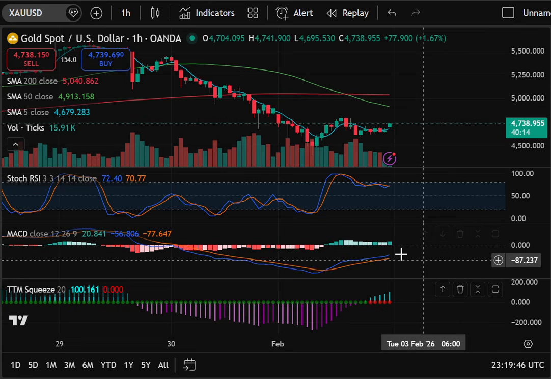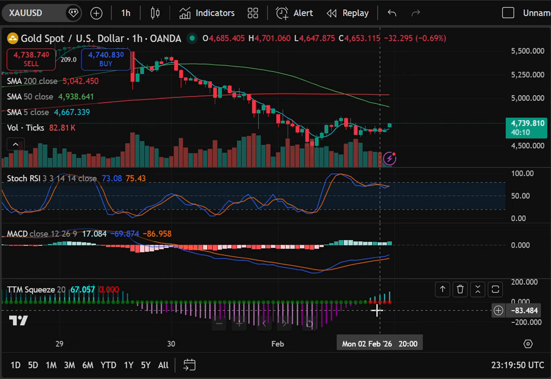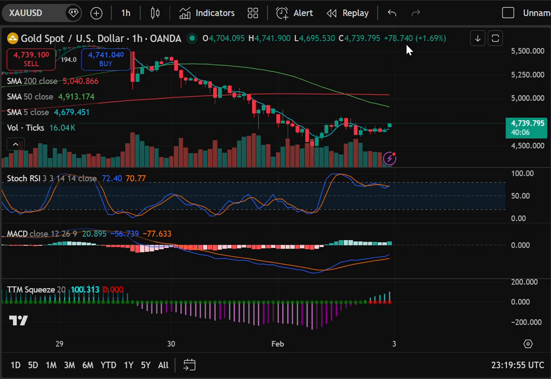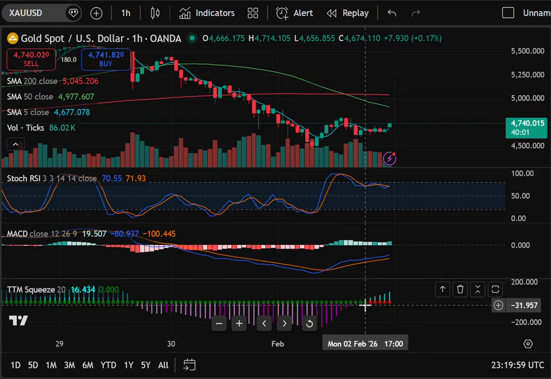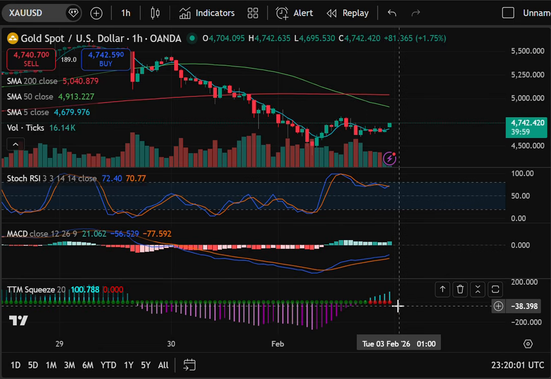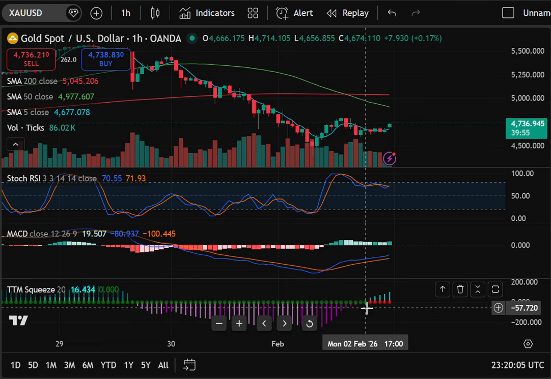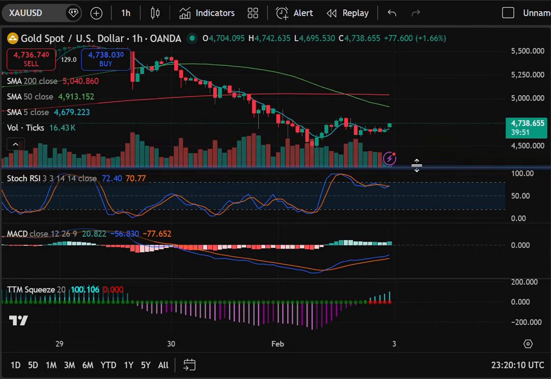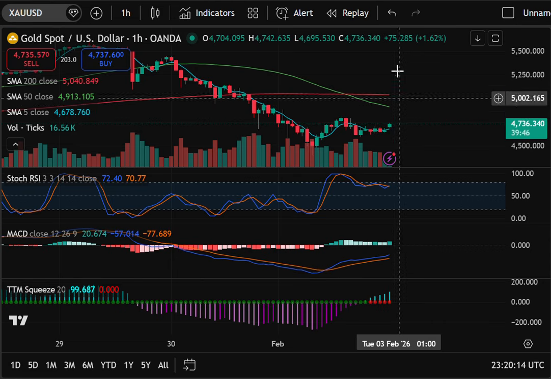The TTM squeeze is another indicator that tells you that a price is about to surge either upwards or downwards. In this case, you'll notice that the TTM squeeze is showing on this indicator, which means that there is an expected increase in price. Now, just looking at this, I could tell you that the TTM is going to squeeze upwards.